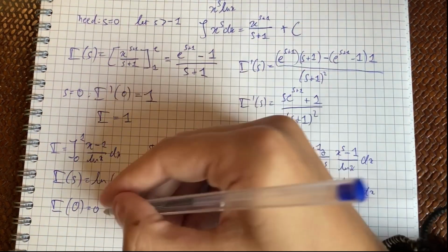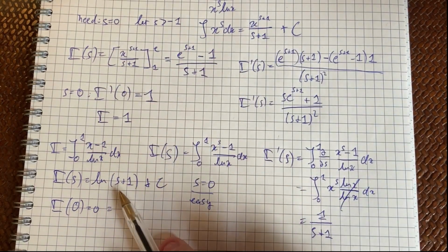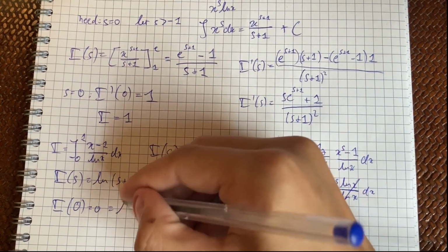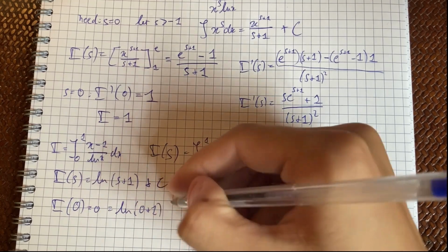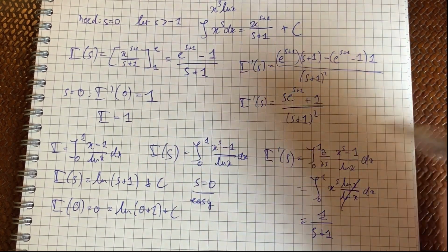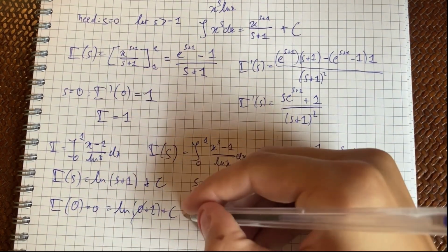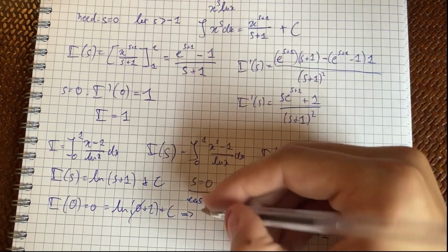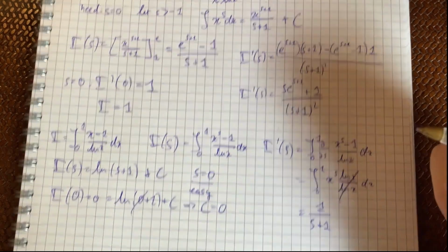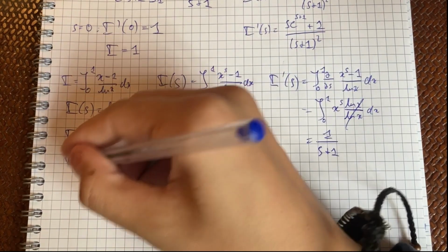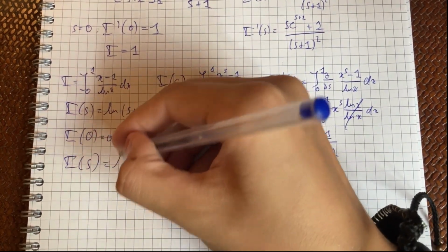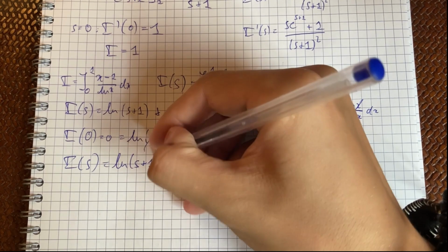And we know that I of 0 equals log of 0 plus 1 plus capital C, and this equals 0, which leads to the conclusion C equals 0. Which means I of s equals log of s plus 1.